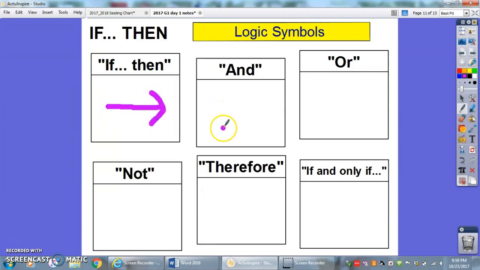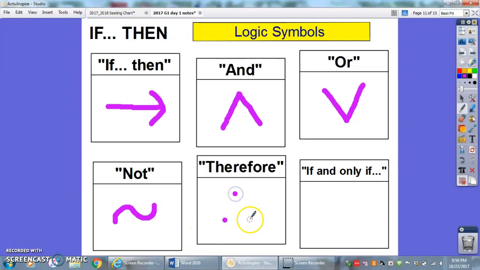The symbol for and looks like a capital A. The symbol for or looks like a capital letter V. The symbol for not is 3 dots. Oh, not 3 dots. Sorry, it's a squiggle. It's getting late. Alright, and the symbol for therefore is 3 dots. Then, if and only if is a double arrow.